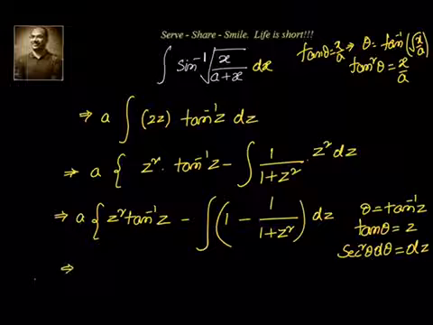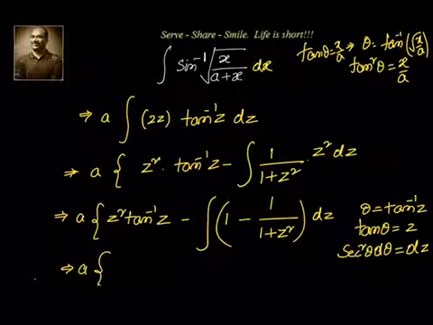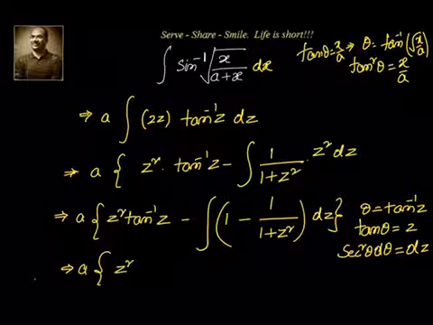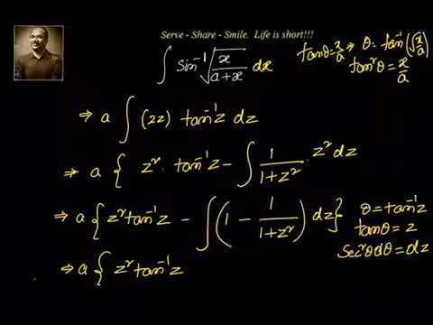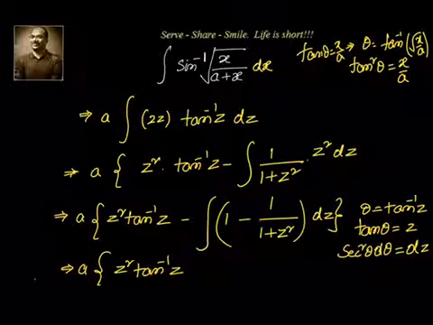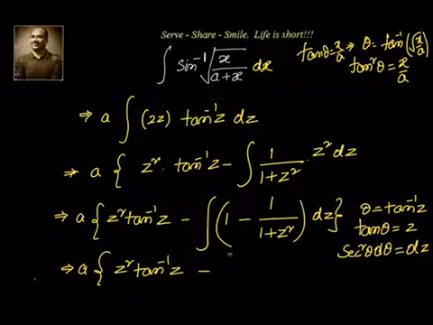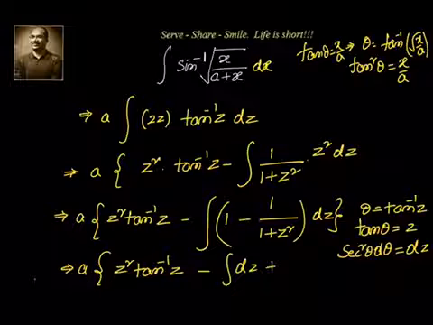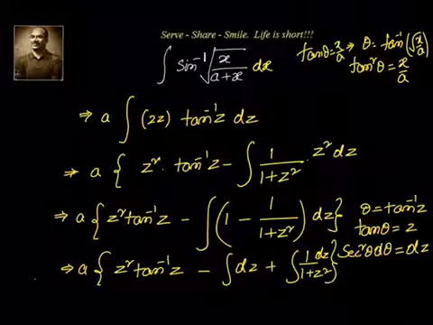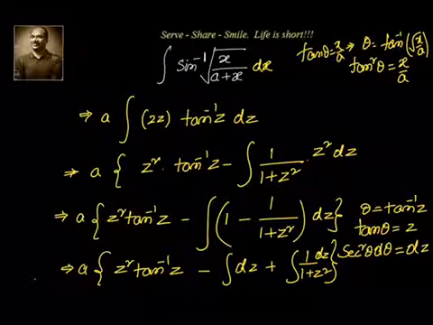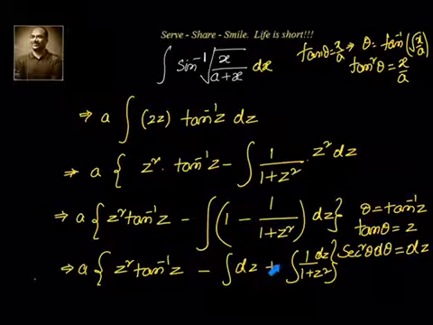So when we go to the next step, we will have a into z square tan inverse z minus integral of dz plus integral of 1 by 1 plus z square dz, because when we open the bracket, minus into 1 will be minus 1 and minus into minus will become plus.